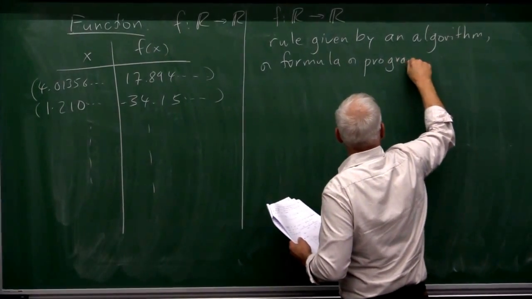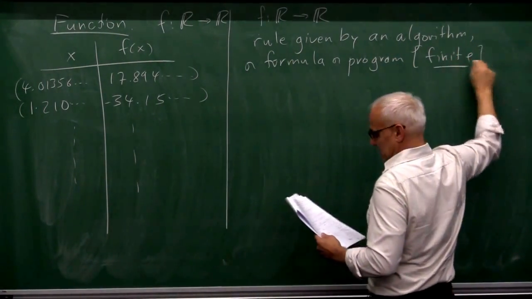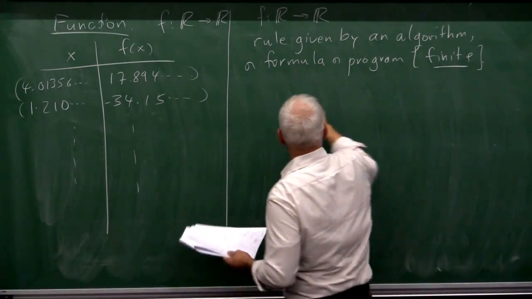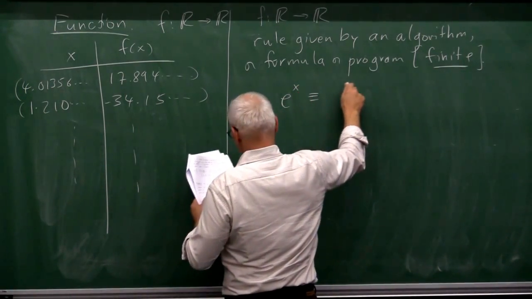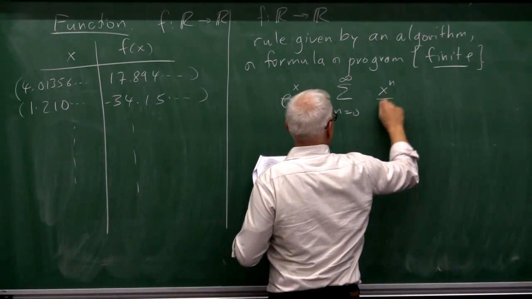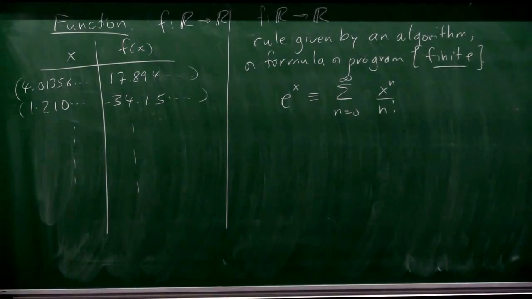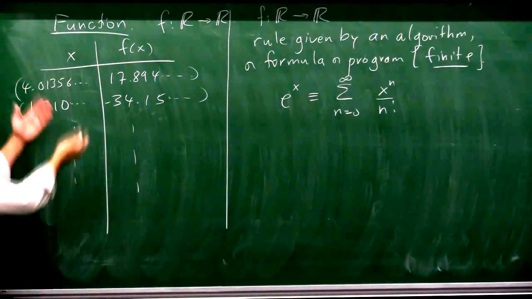But the essential aspect is that it must be finite, finitely specifiable. So for example, e to the x, one way of writing that is the summation n equals 0 to infinity of x to the n over n factorial. There's a finite formula that defines a function in quite a different way than this one.